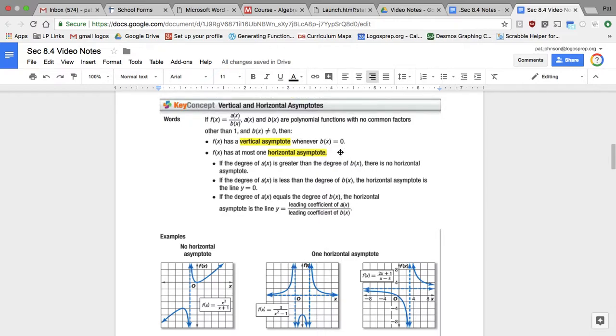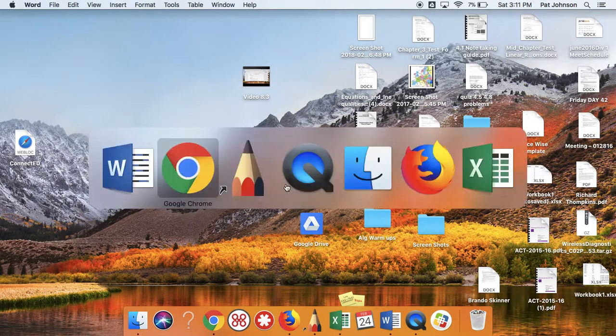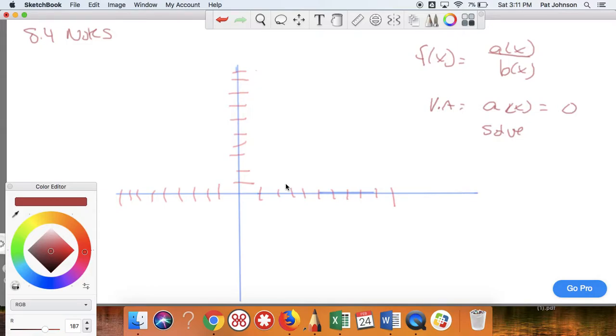So it tells you here the cases are: 1, there is no horizontal asymptote; 2, y equals 0; 3, y equals the leading coefficient of a of x over the leading coefficient of b of x.